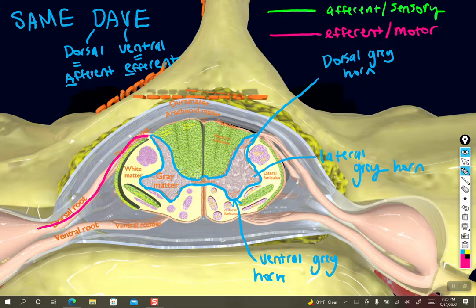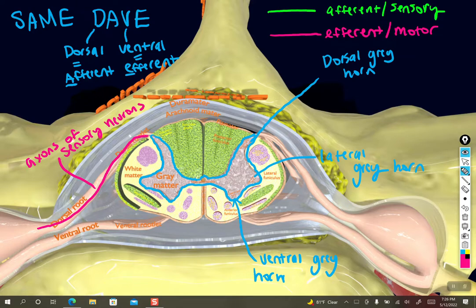You can kind of see here it spreads out, but from this view you can only just see one of the rootlets, the one that's closest to you. So this dorsal root contains only axons of sensory neurons.